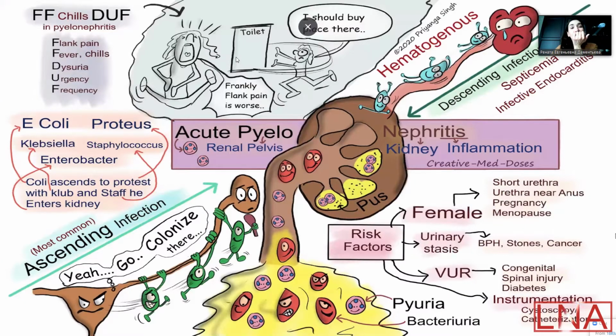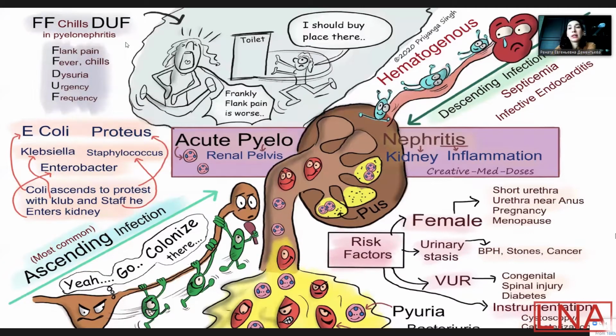It's a good picture which shows the ascending way of infection of the kidney. Look at the clinical picture: flank pain, which we discussed, fever and chills, the symptoms of dysuria, urgency of urination, and frequency.